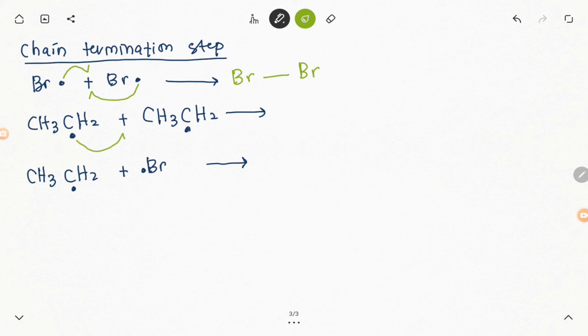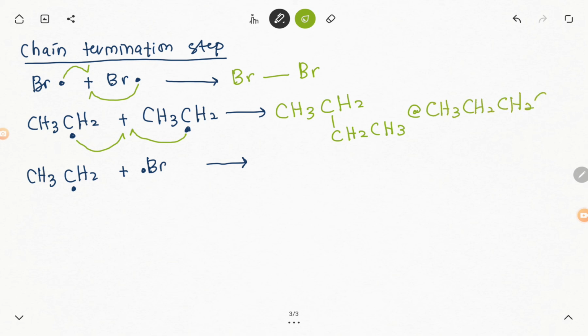Carbon radical combined with carbon free radical produces the new alkane compound, CH3CH2 covalently bonded with CH2CH3, or you can rewrite it as CH3CH2CH2CH3, and the other possibility is carbon radical combining covalently with the bromine radical to produce the haloalkane. So done. We have already discussed the mechanism of how the haloalkane forms in the reaction.